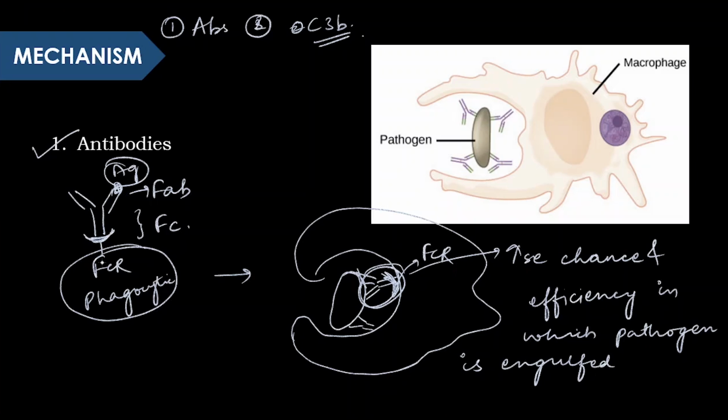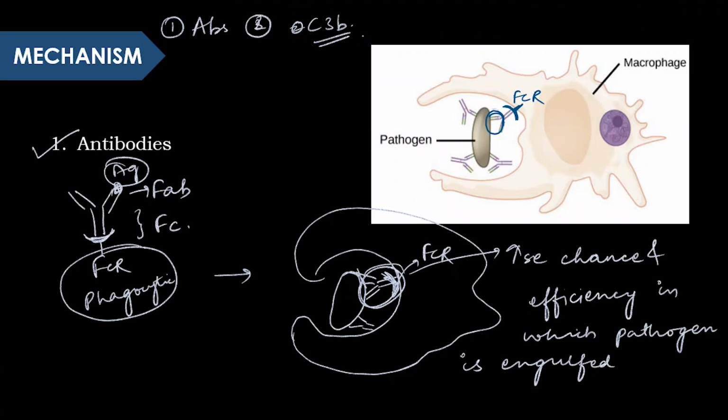In the diagram also we can see the same thing. This is the Fc region. This portion is the Fab region, and it is interacting with the pathogen, and the Fc region is interacting with the Fc receptor of the phagocytic cell.